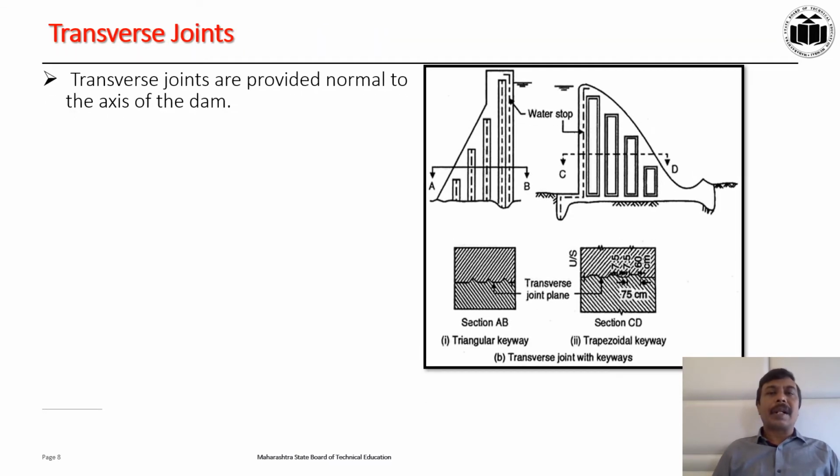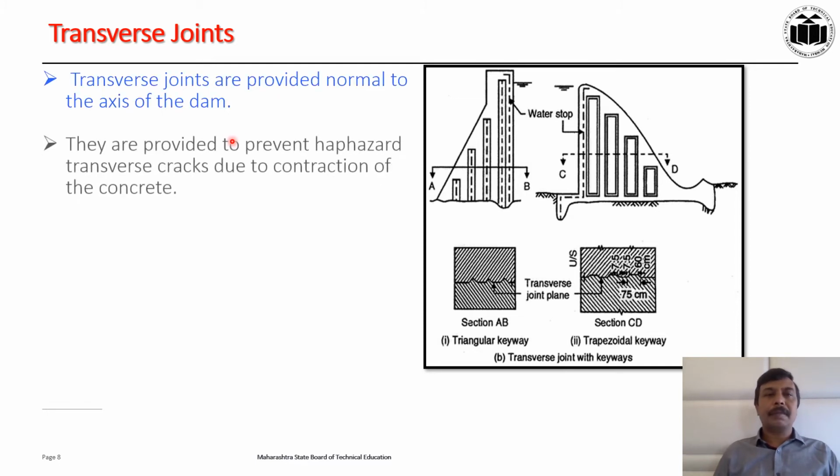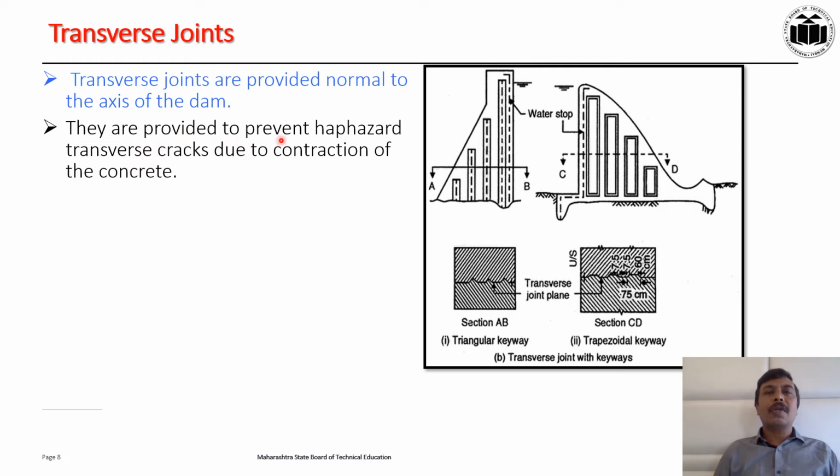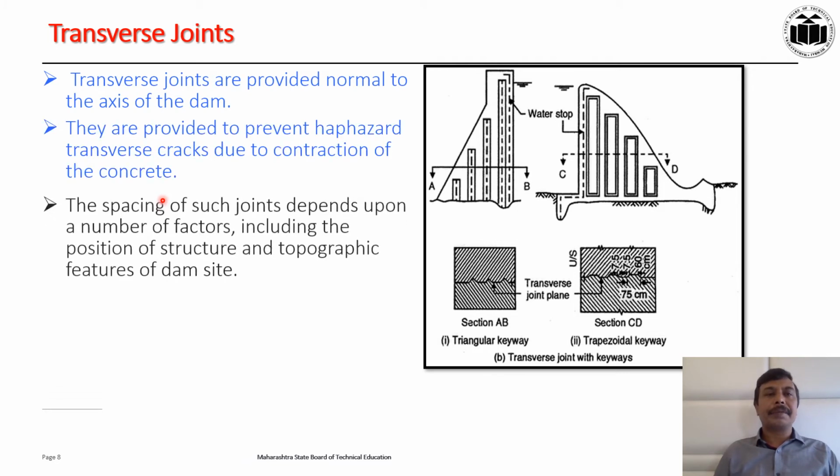See now in detail the transverse joints. We are finding here the sketch of the transverse joint. The transverse joints are provided normal to the axis of the dam. They are provided to prevent haphazard transverse cracks due to the contraction of the concrete.